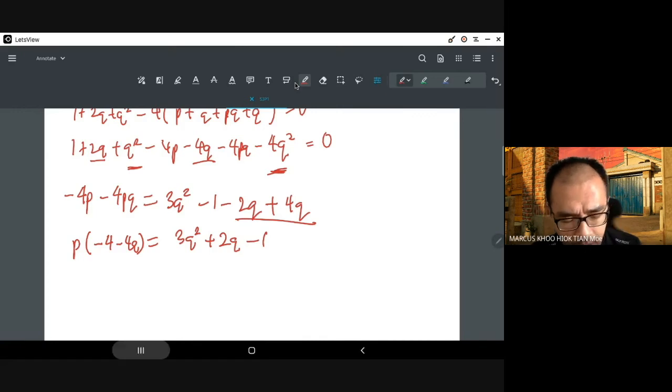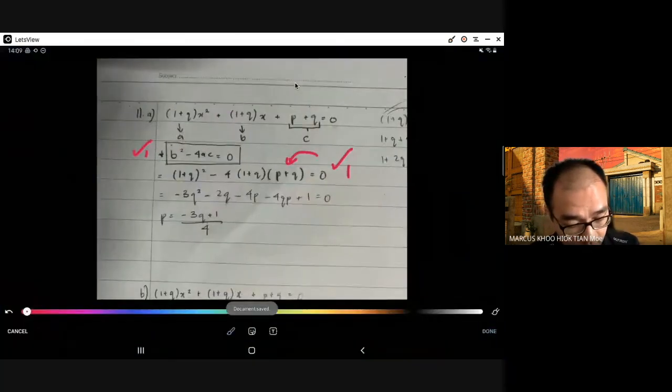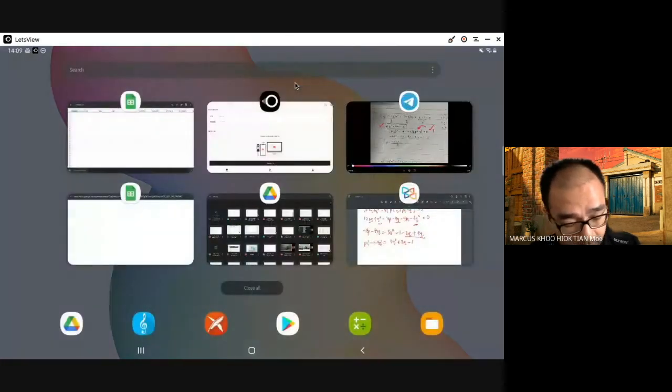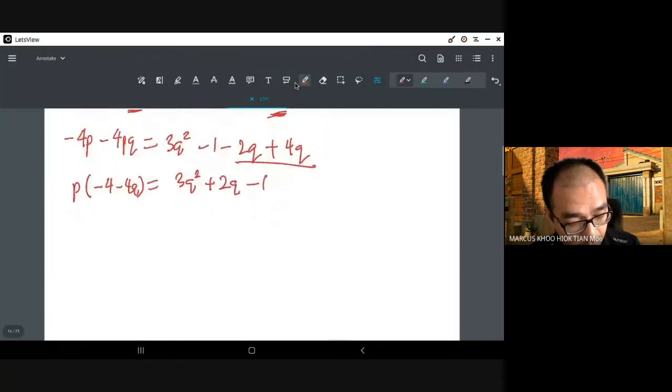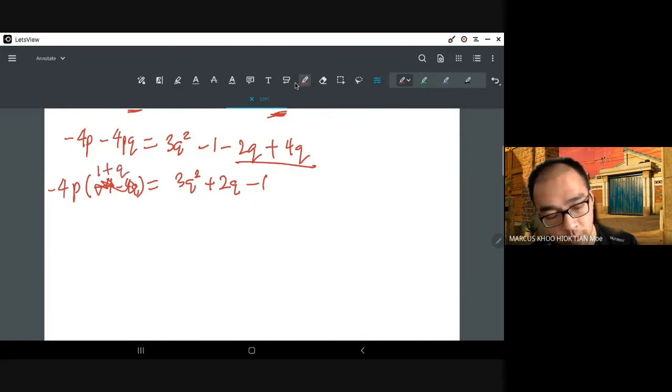How did you get this answer? Hold on now. It seems like your answer is correct, but let me bring out the 4 first. Sorry. Minus 4p, so this would be 1 plus q. Negative 4p, 1 plus q.